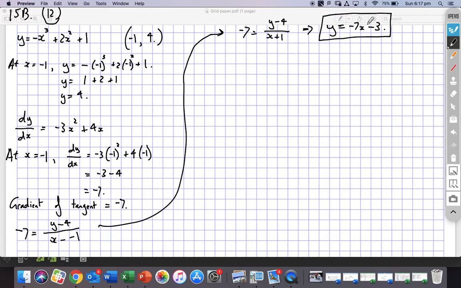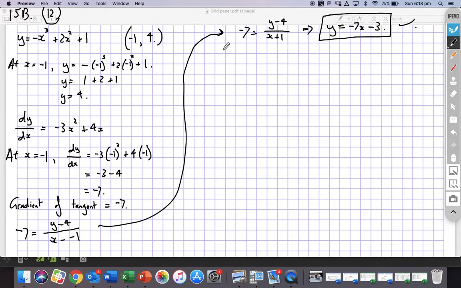I probably tried to do too much at once there, so I'm going to check it. We have to times both sides by x plus 1. So we'll get minus 7 times x plus 1. Minus 7x minus 7. But then I have to add 4. So minus 7 plus 4, yep, good. That's our tangent equation, right?